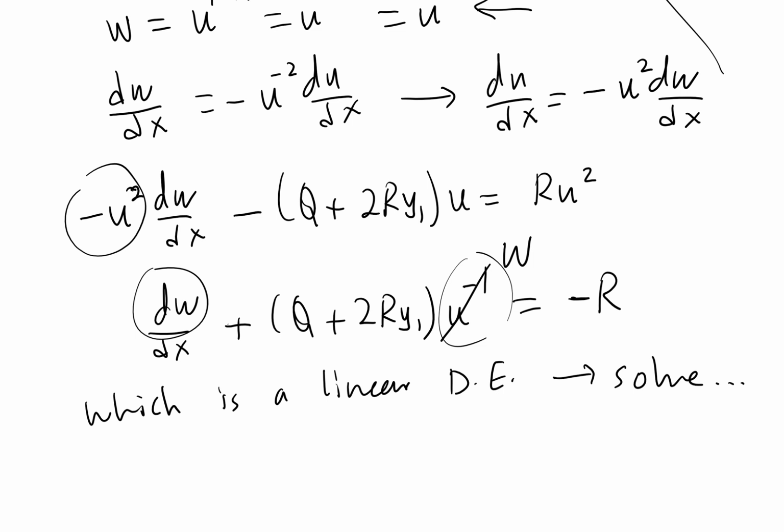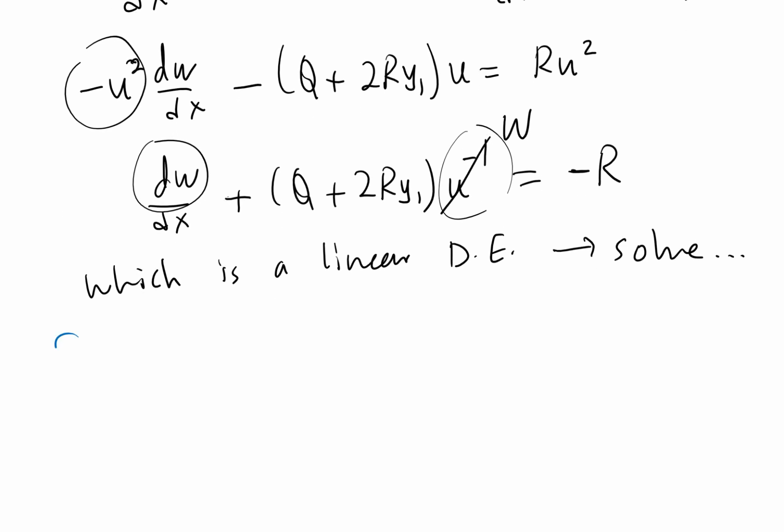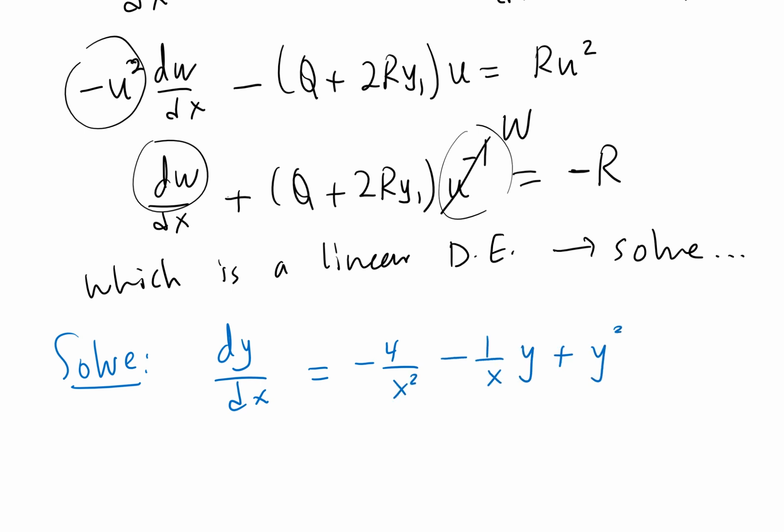And to see how this can be applied, let's look at an example. Let's say we're asked to solve dy/dx equals negative 4 over x squared minus 1 over x times y plus y squared, with a given particular solution y1 equals 2 over x.